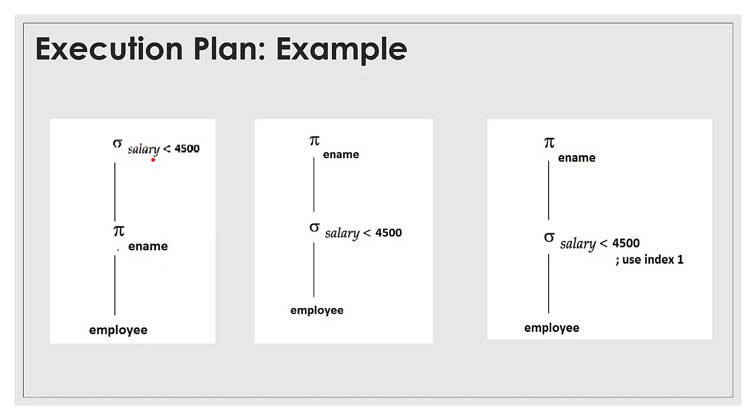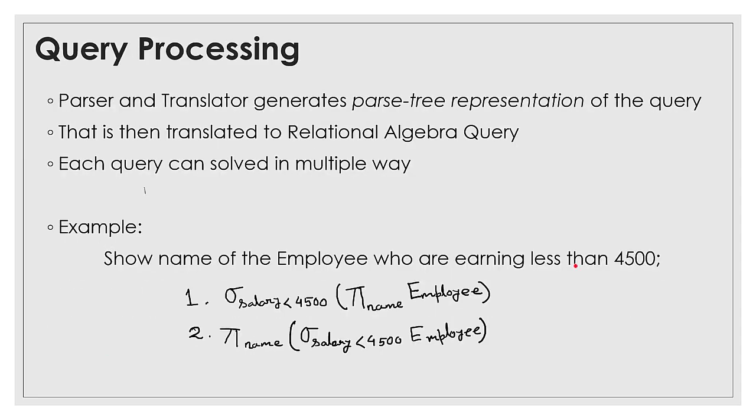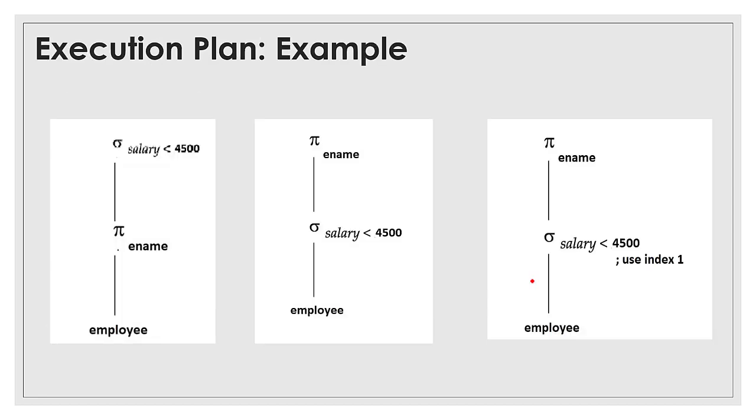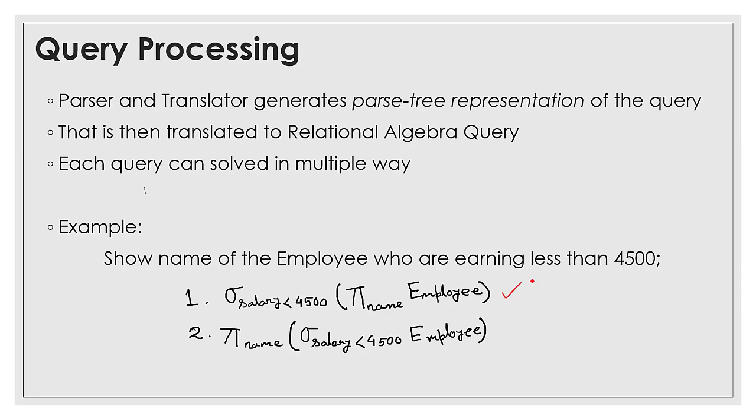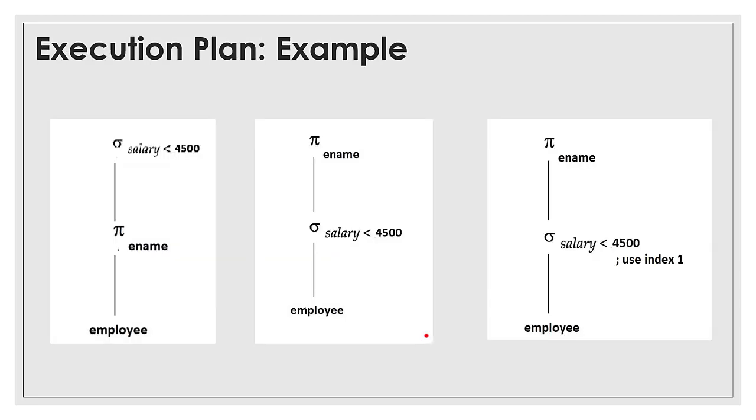So this is an evaluation plan for this relational algebra expression. Similarly, for the second relational algebra expression, where we are selecting the employees where the salary is less than 4,500 and then projecting their names, this diagram can represent that one.